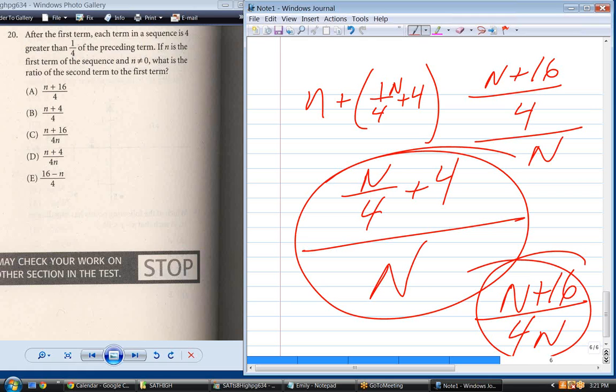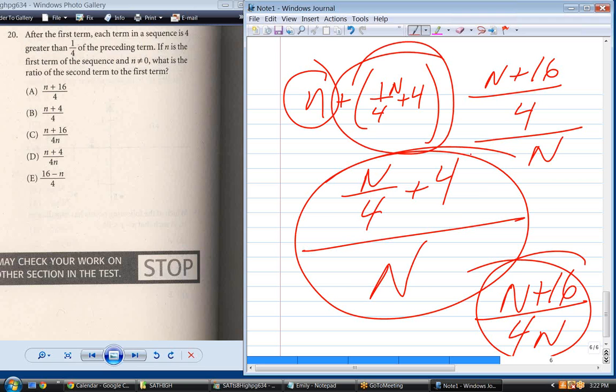So what did you do? I'm curious. I don't understand why there's an n in the denominator. Because they want the ratio of the second term to the first term. That's the first term. Okay. And that's the second term.